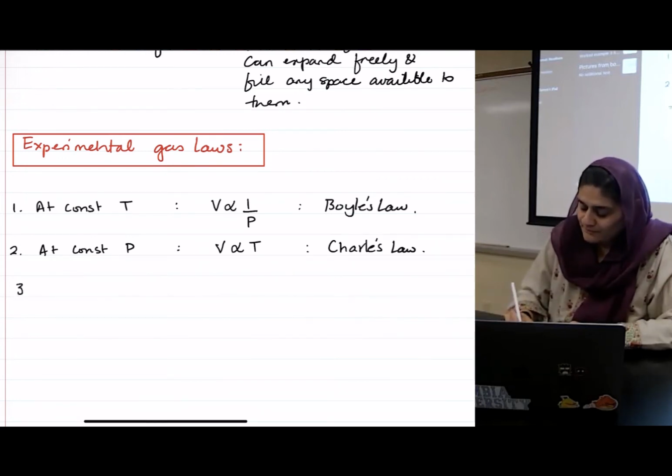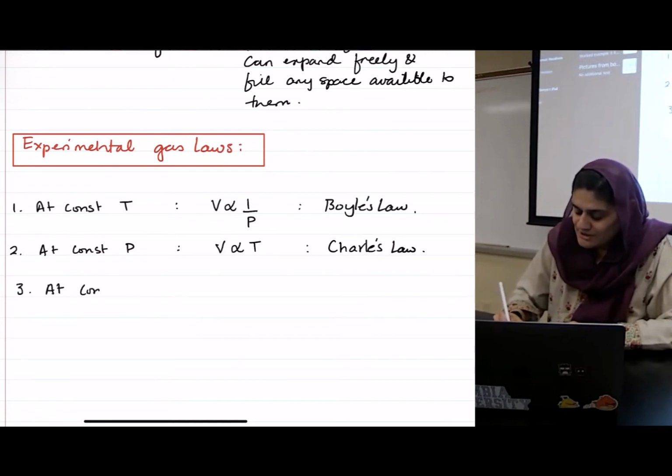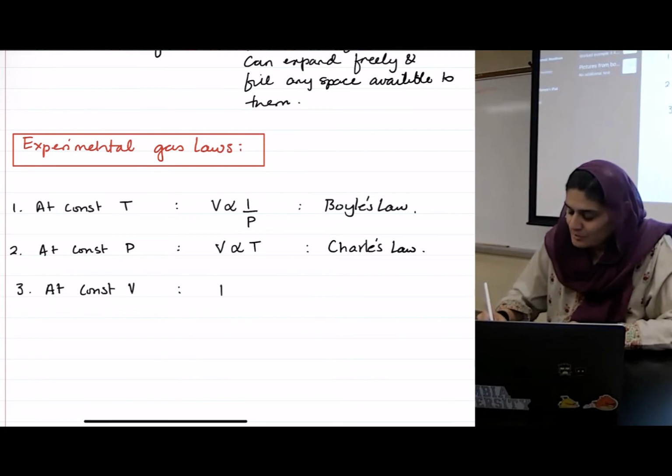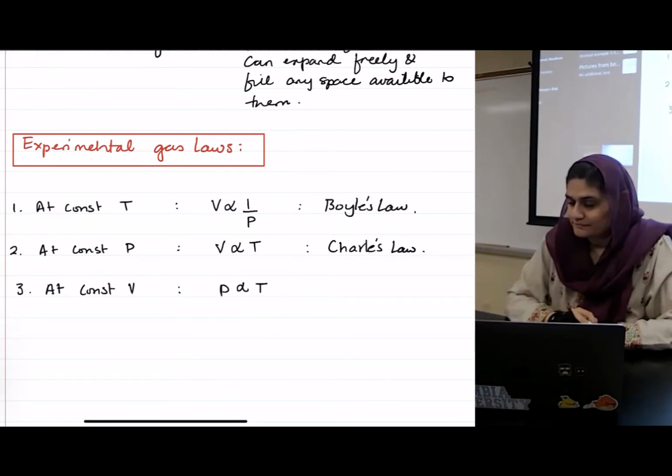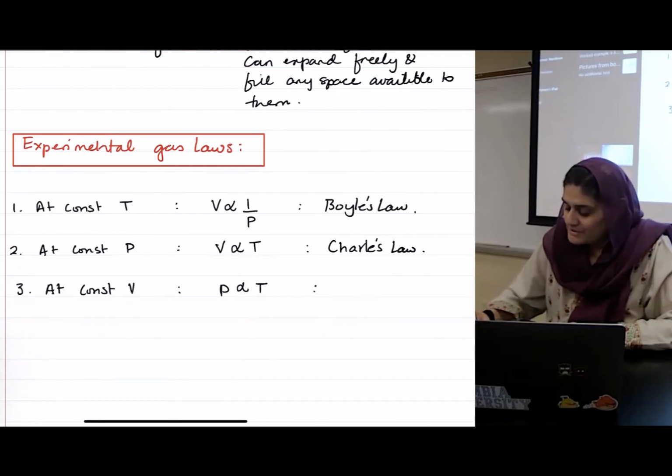Number 3, at constant volume, pressure is directly proportional to temperature. And that is called Gay-Lussac's law.